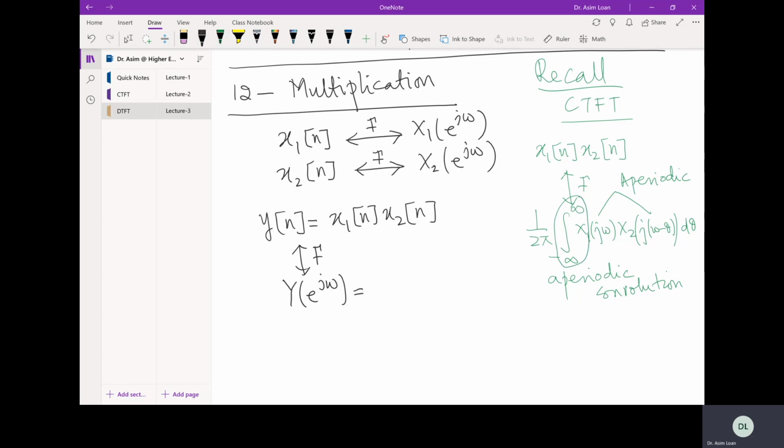However, in our case now, this is 1 over 2 pi. You can go home and derive it with exactly the same steps as for the continuous time Fourier transform case. I'm sorry, this should be theta. So this should be X1 of e^j theta into X2 of e^j omega minus theta d theta.